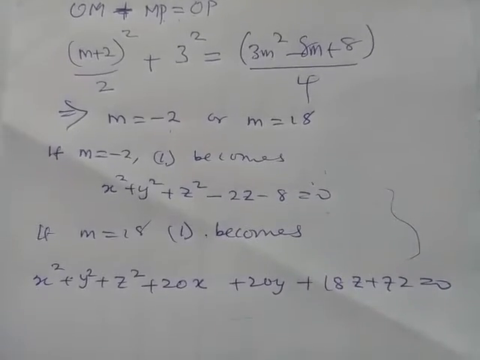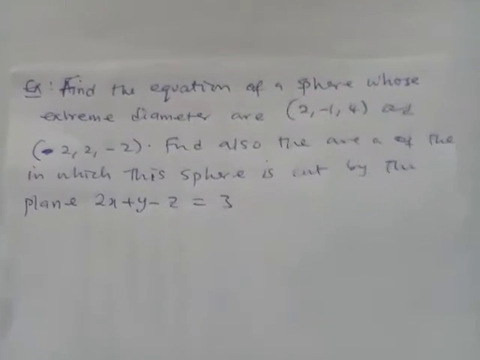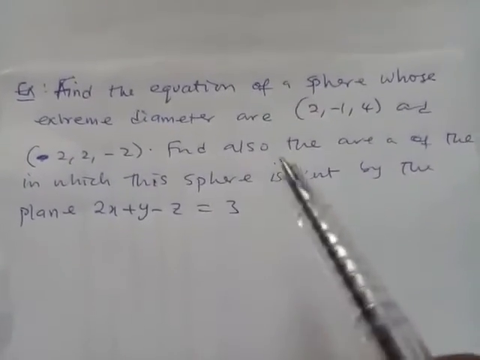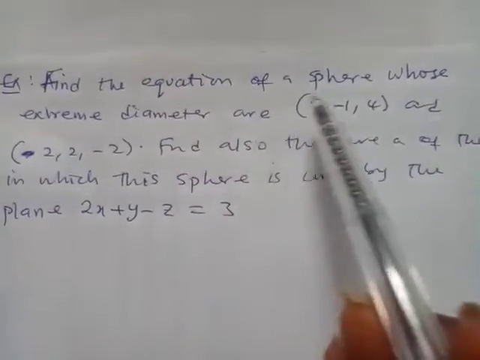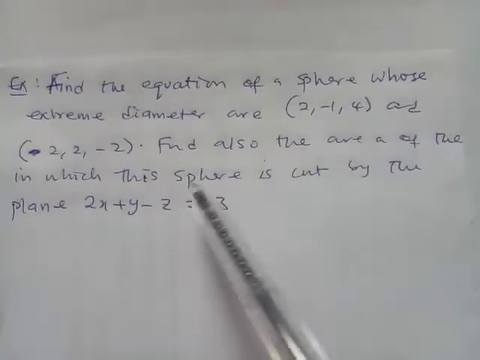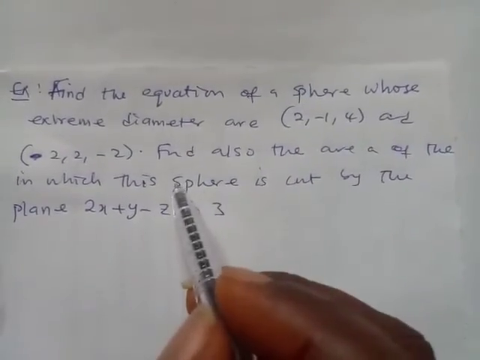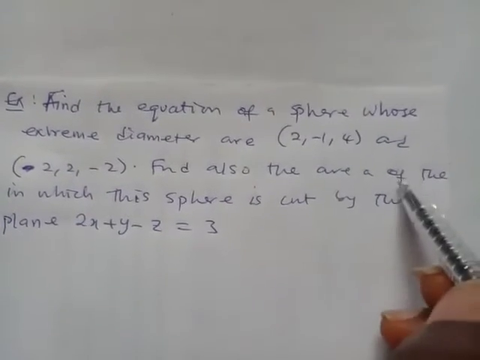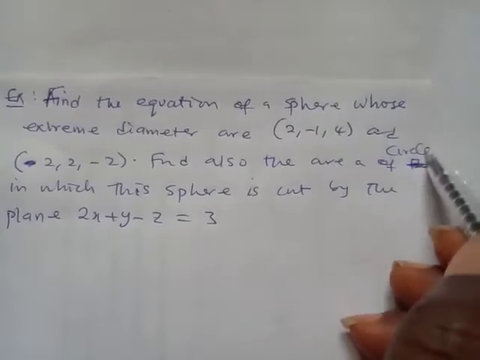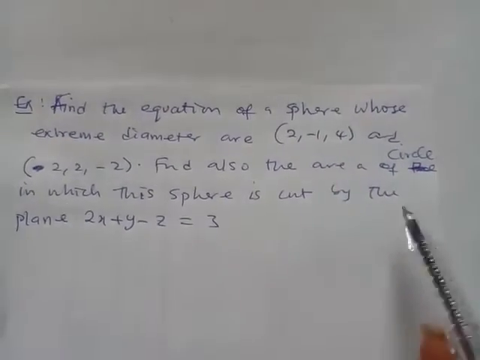Let's take another example. We have another example here, but this will be left as an exercise. Find the equation of a sphere whose extreme diameters are these, and find also the area of the circle in which this sphere is cut by this plane.